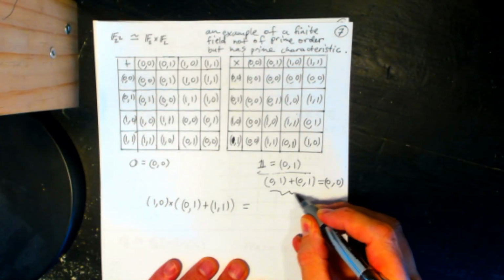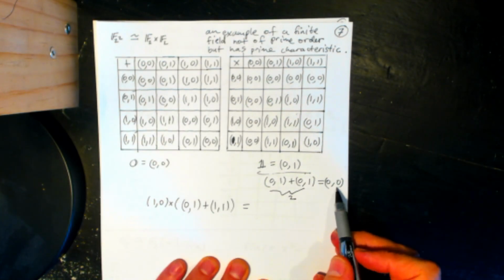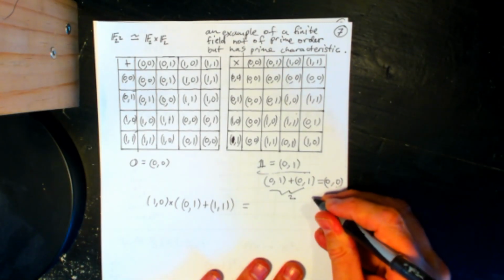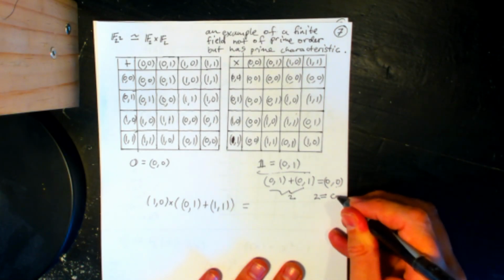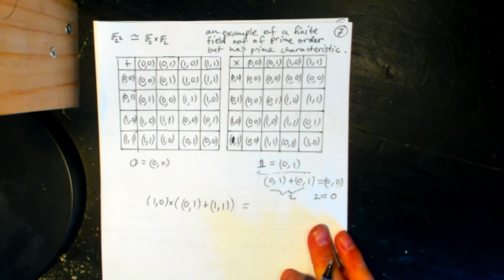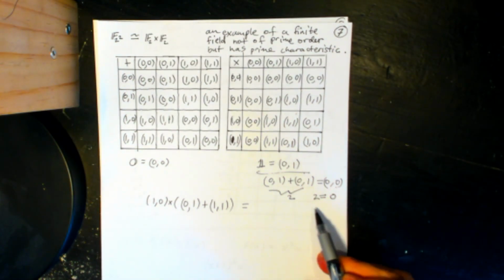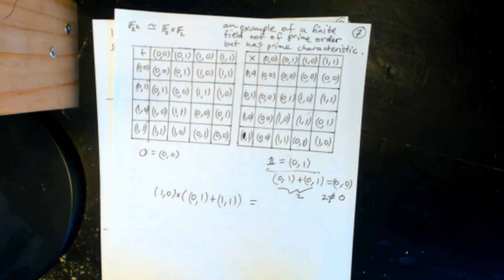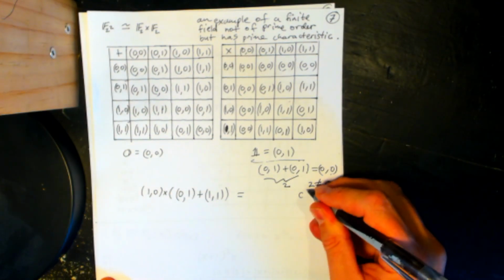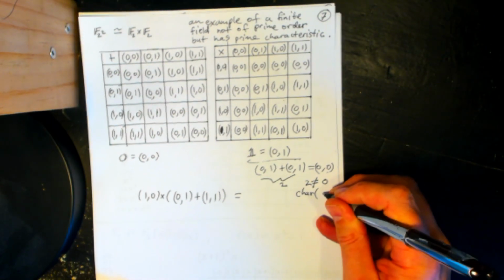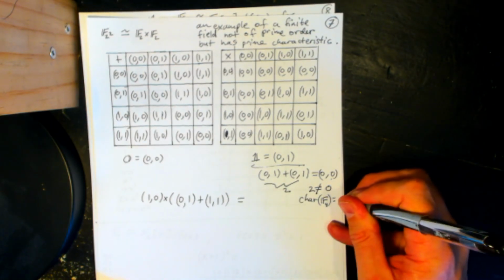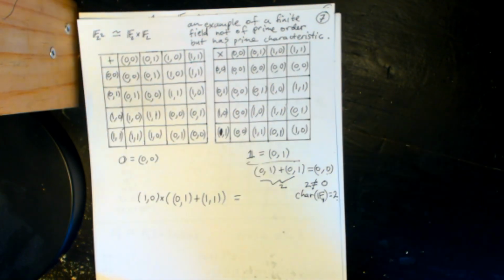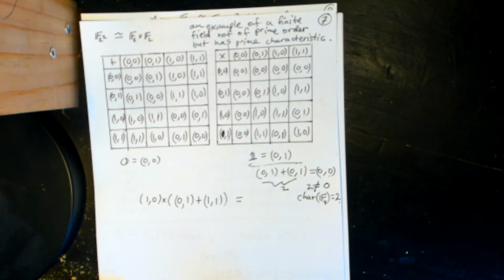Now 2 of those were required in order to do that, but 2 is not equal to 0 there. So we have a characteristic of the field F4 equal to 2 here. So the characteristic here is prime when you've got a finite field.